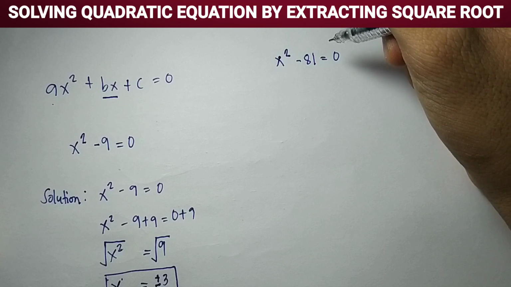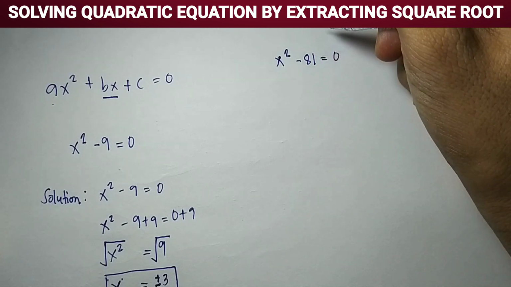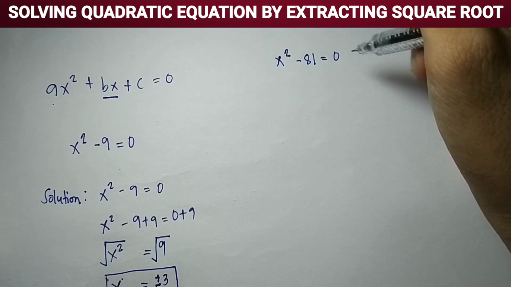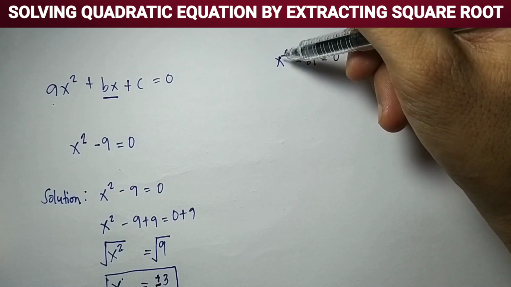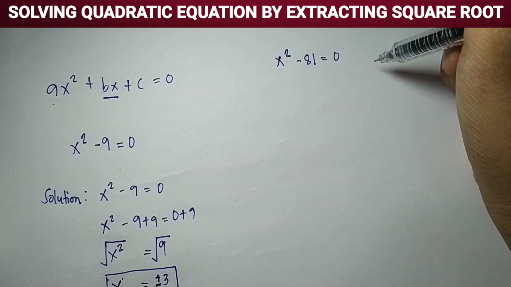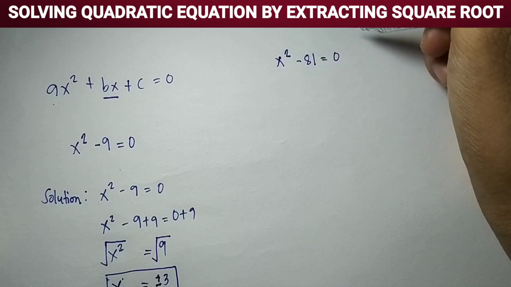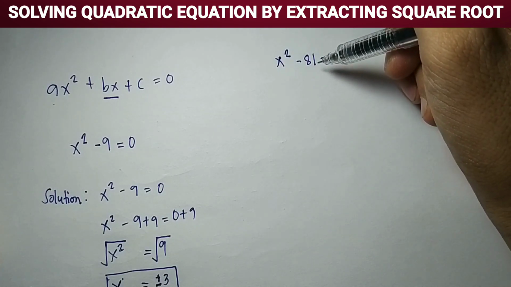Dapat kining negative 81 mapabalhin dito sa pikas. Di ba atong aim nga mapabilin ang x squared, ang quadratic term, unya matabok sa pikas ang constant term. So para mabalhin ang negative 81 sa pikas, mag-add ta og inverse sa negative 81.